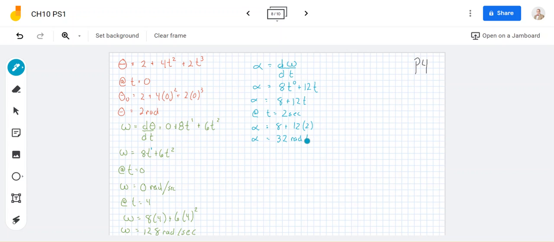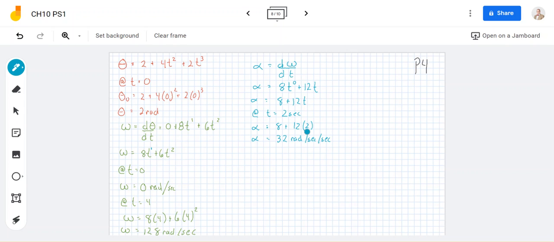And that's radians per second per second. That means it's speeding up. So for every 1 second, it speeds up another 32 radians per second. You'll see it written as seconds squared, but this is preferred in terms of conceptual understanding.